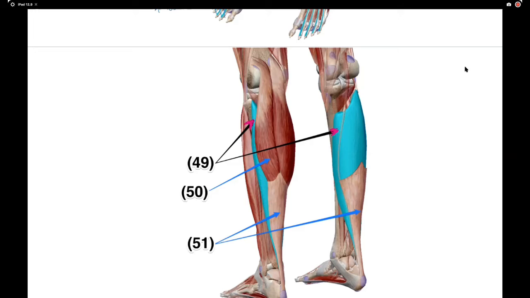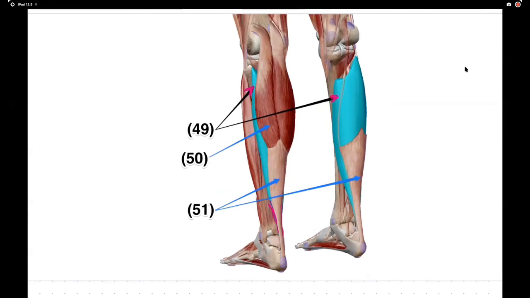It's got two muscles. One is much larger and is going to be superficial, and one is flattened and deep. They both share a common tendon here that gets inserted down in the calcaneus, the bone of the heel.